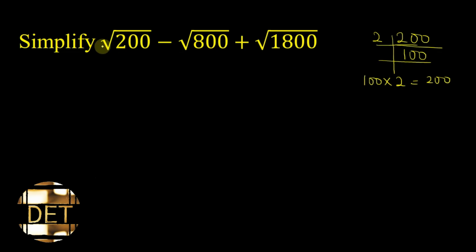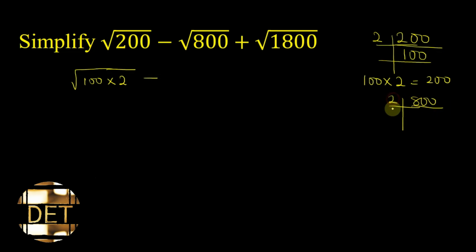So the resolved form of 200 is the square root of 100 times 2. 100 times 2 gives 200, so this and this are the same. Then I also have minus my 800. I will do the same: 800, and I start dividing.